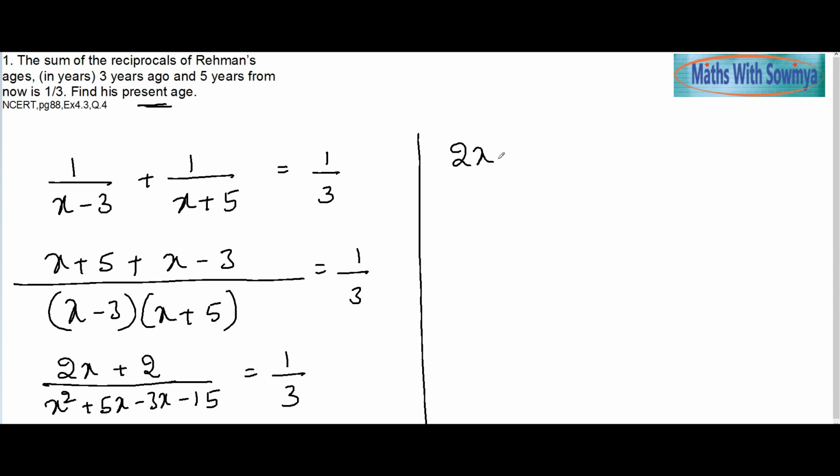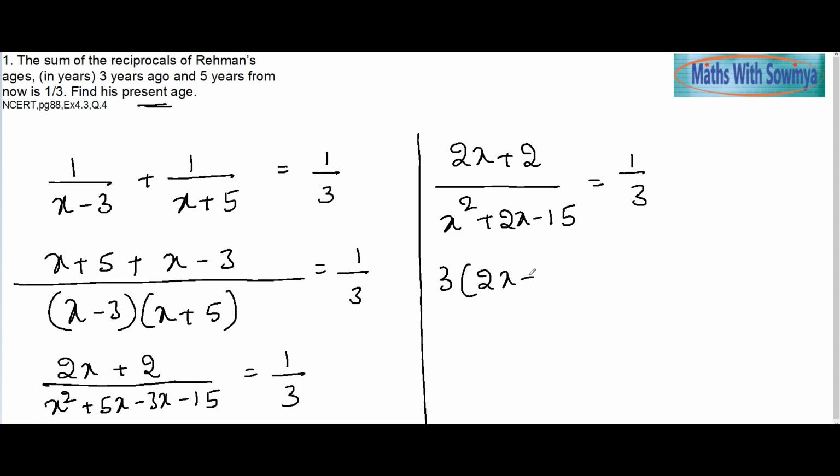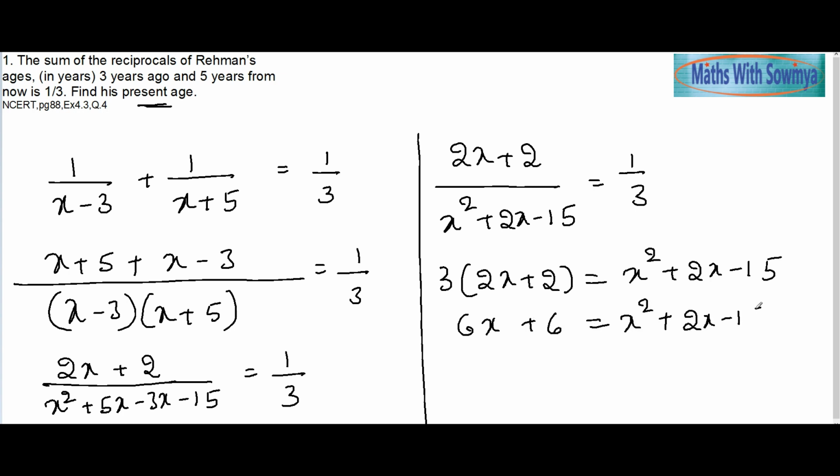So this is 2X plus 2 divided by X square plus 2X minus 15 equals 1/3. On cross multiplication, 3 into 2X plus 2 equals X square plus 2X minus 15. This will give us 6X plus 6 equals X square plus 2X minus 15.